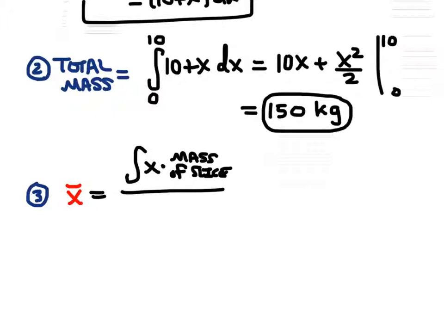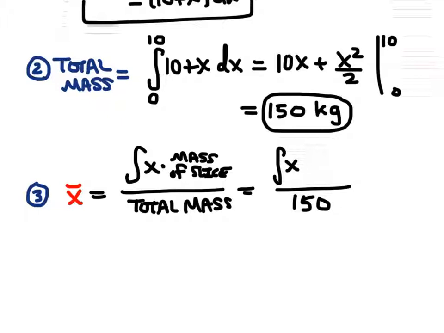And on the bottom we have the total mass, which we already found to be 150. Okay, so all we have to do now is put in the pieces that we have. So on the bottom we're going to have 150, and on the top we have the integral of x times the mass of a slice, which we found to be 10 plus x dx. And again, our bounds are from 0 to 10 on this integral.